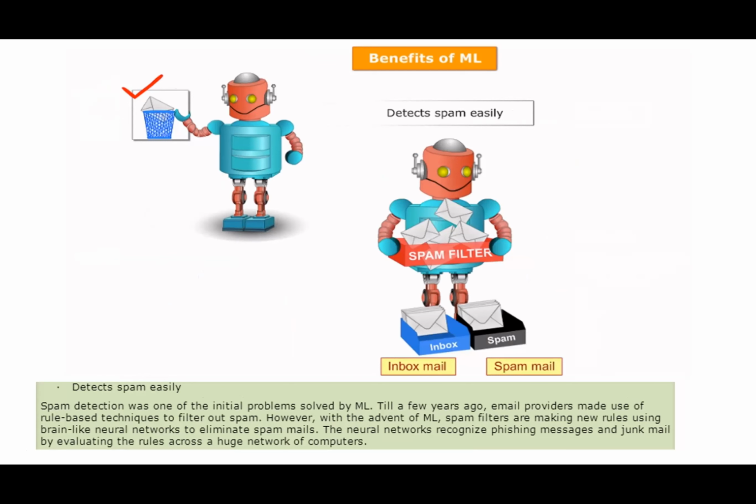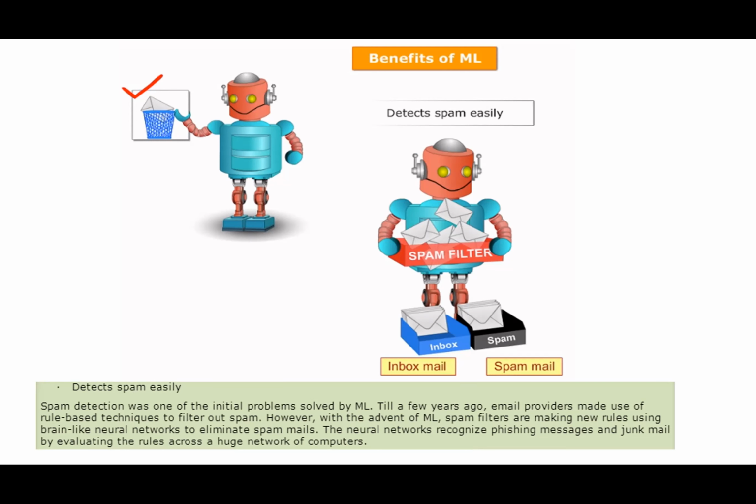You can put a label on your emails, it's spam, it's spam. So next time whenever any mail similar to that comes, it will by default go into spam, right? It's just an example of supervised machine learning. So this is spam, this is not spam. It's like telling a child, this is hot, this is not. If it is hot, the child should not touch it, right?